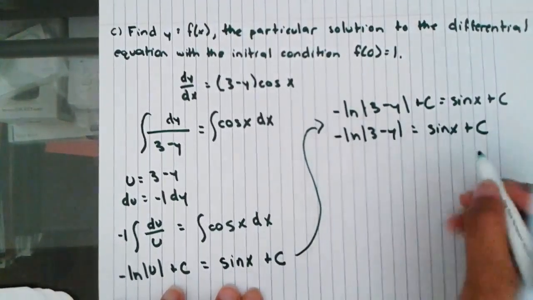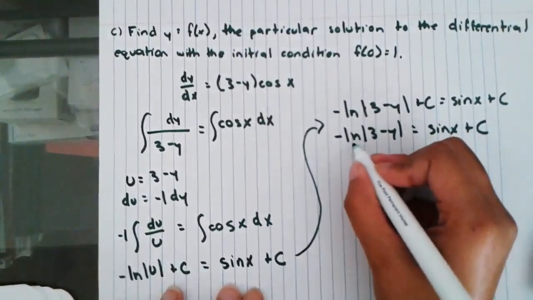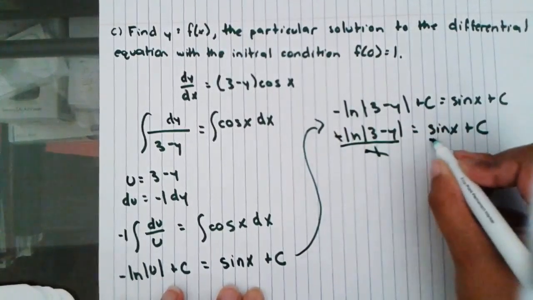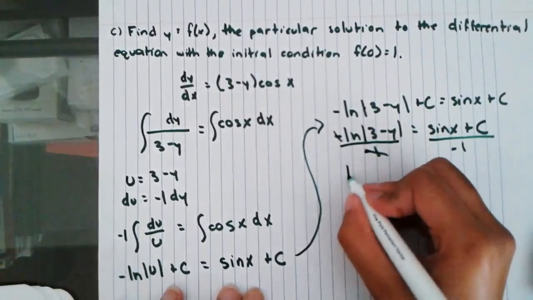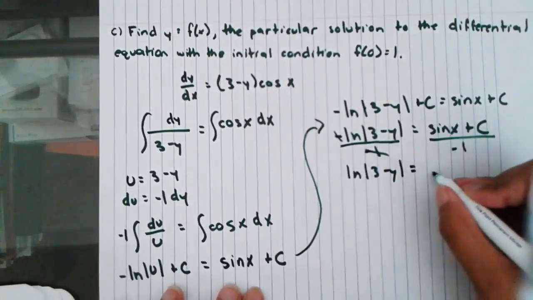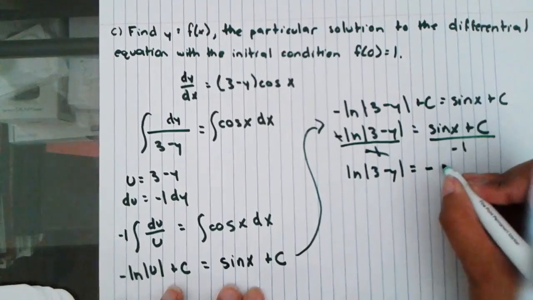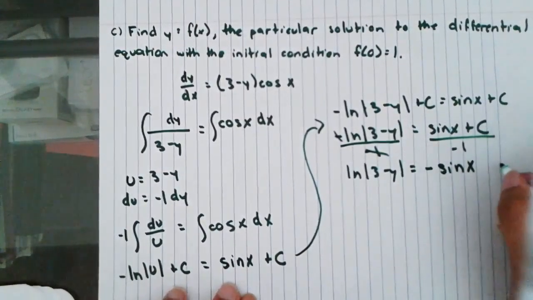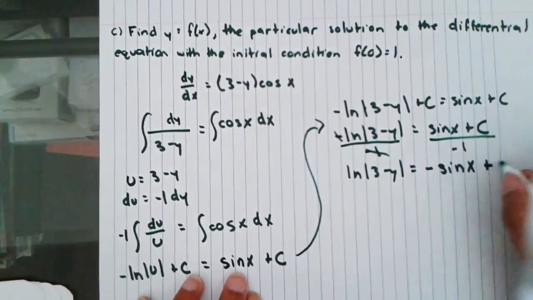We could also divide both sides by negative 1 so that this one doesn't have that negative sign. So you would get natural log of (3 minus y) equals negative sine x plus c, because it's still just a constant.